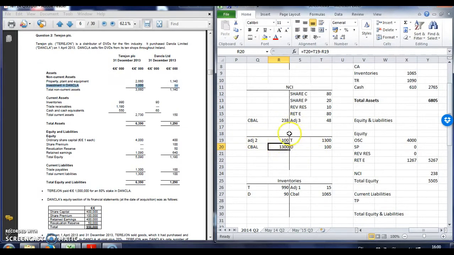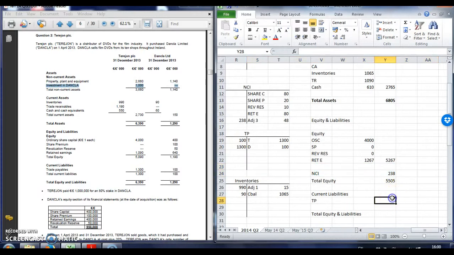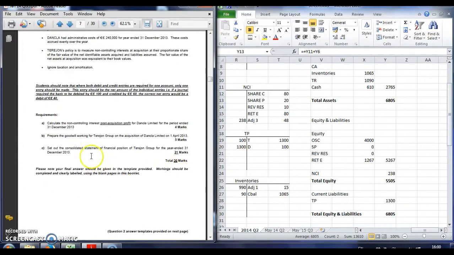Therefore, the only trade payables that will show up on the consolidated statement of financial position will be that of the parent of 1300. And hopefully, if we've our maths done correctly, both of those added together will give you 6805, meaning both the assets and the equity and liabilities are the same. So again, that was part C for 21 marks, set out the consolidated statement of financial position.